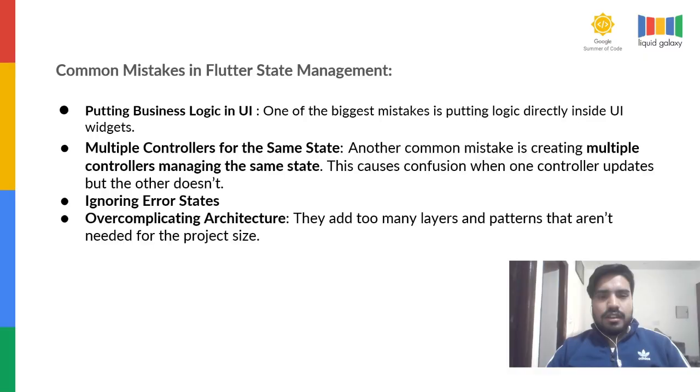Another common mistake is creating multiple controllers for the same state, for example multiple controllers for a simple task, due to which the application takes time to load those controllers. And the next one is overcomplicated architecture. They create the architecture so complex that the performance of the application is degraded.